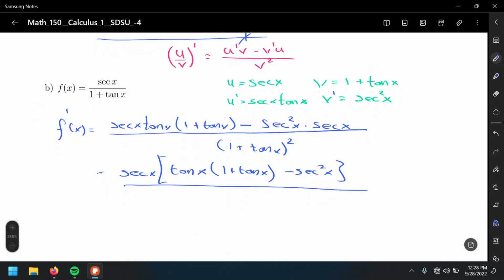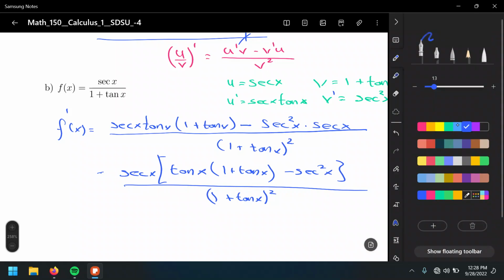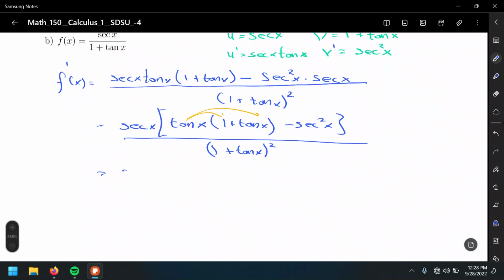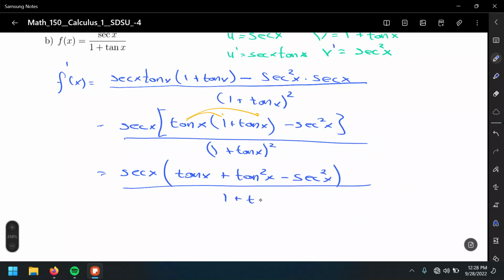So that's 1 over 1 plus tangent x quantity squared, and if we distribute this, tangent times 1 and tangent times tangent, that's going to give us the following: secant x times tangent x plus tangent squared minus secant squared x over 1 plus tangent.